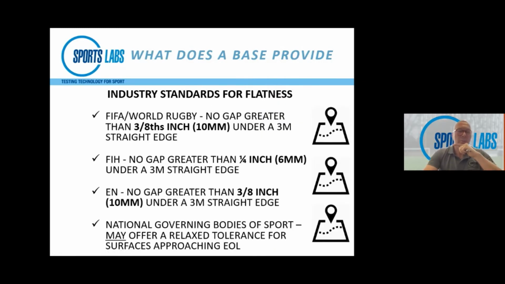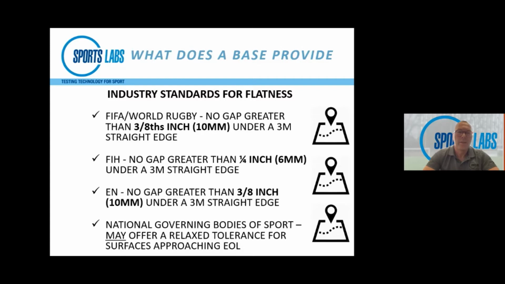Flatness is very important, and it's a requirement we often have problems with on a field, and there's a few different requirements depending on what the field's trying to do. So in soccer and rugby, which is heavily regulated, there's a requirement to have no gap greater than 10 millimeters under a 3 meter or 10-foot straight edge.